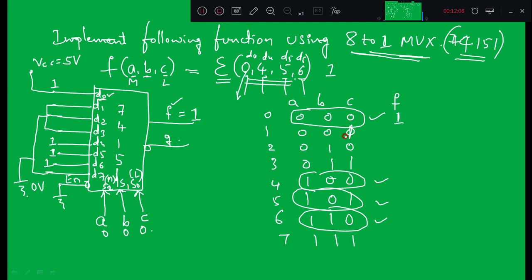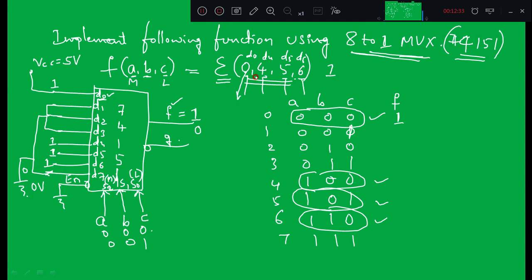Next, 0, 0, 1. If I make select line 0, 0, 1, which data line is selected? D1. D1 is connected to ground. Ground means it is equal to 0. The data on data lines D1, D2, D3 and D7 is 0, so F will become equal to 0. Do we have 1 in the given function?